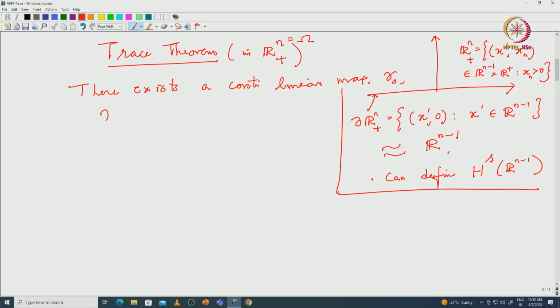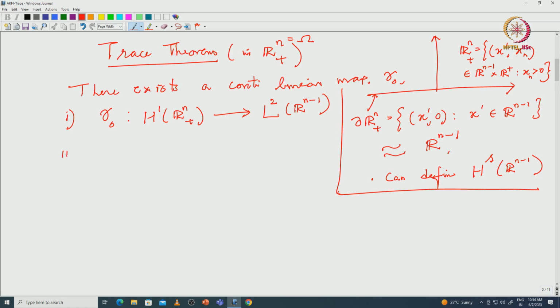So gamma naught is a mapping from H^1 of R^n_+ to L^2 of R^(n-1). This is the continuity, which you have already seen even in the general case: from H^1 of omega to L^2 of the boundary of omega.